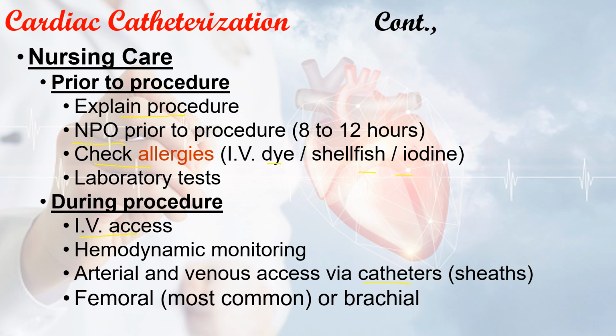In any area, they place the sheath. So we are supposed to take special care of that sheath, because there is a risk of bleeding, a chance of forming hematoma, and also a chance of damage to the arteries. So periodically we are supposed to monitor that sheath.